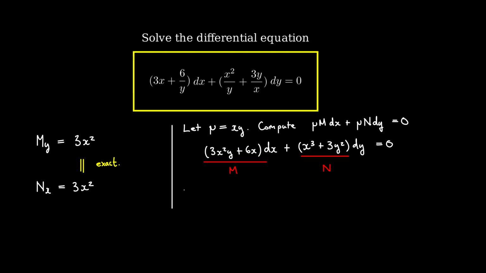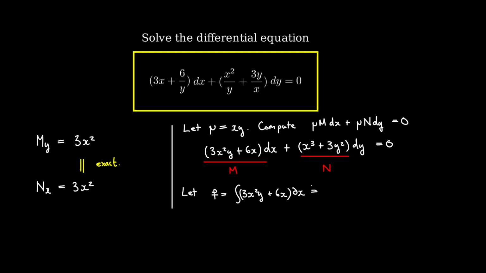Okay, so this is now an exact equation. So what we can do is solve it, and let's just quickly run through that. So we can let f equal the partial integral here of 3x squared y plus 6x partially with respect to x. And when you want to partially integrate, it's really the same thing as partially differentiating, obviously opposite.